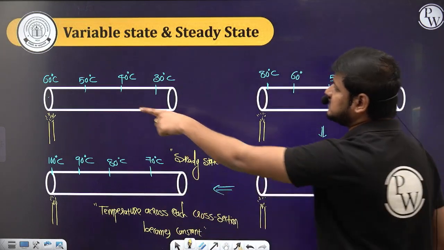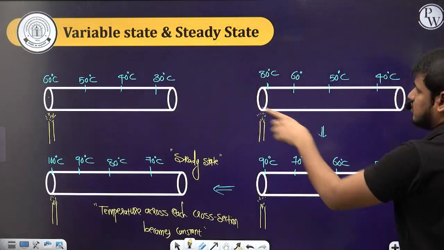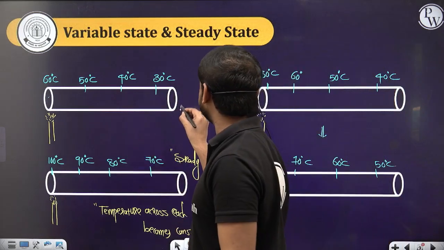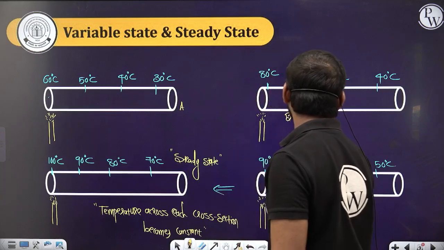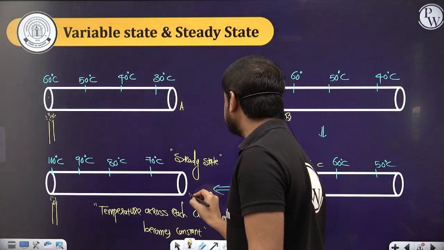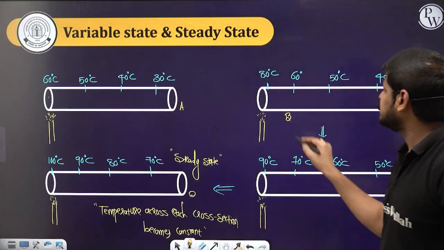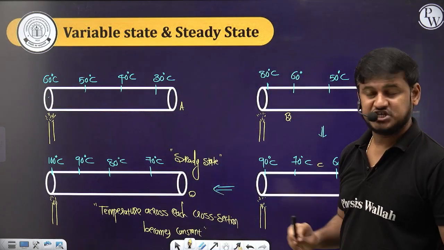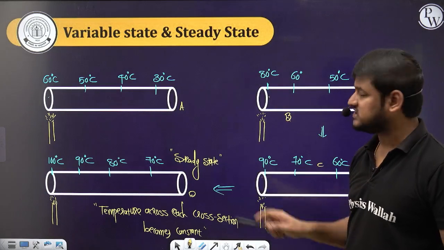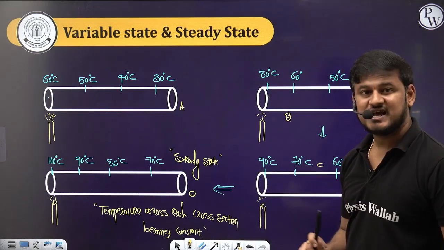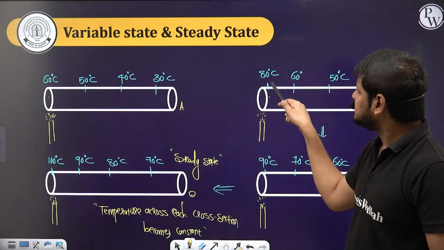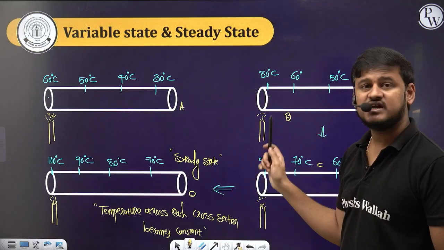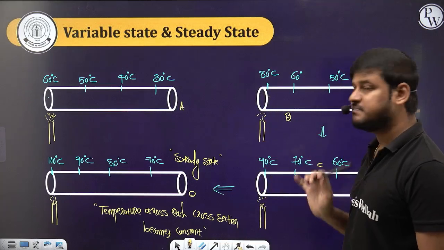So if the temperatures are not constant at a given cross section area, see here, let's consider this is A scenario, this is B scenario, this is C scenario, let's say this is D. So in A, B, C, let's say this is first cross section which has 60 degrees initially. Then the first cross section has 80. So the first cross section has 90. So that means the same cross section has different temperatures.